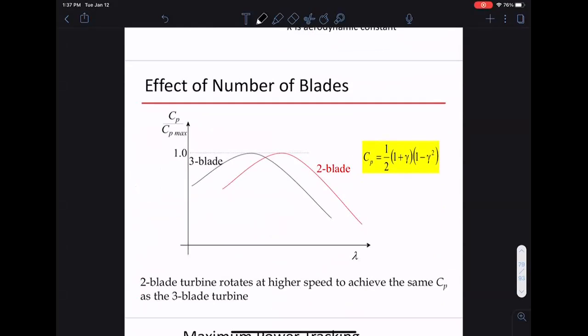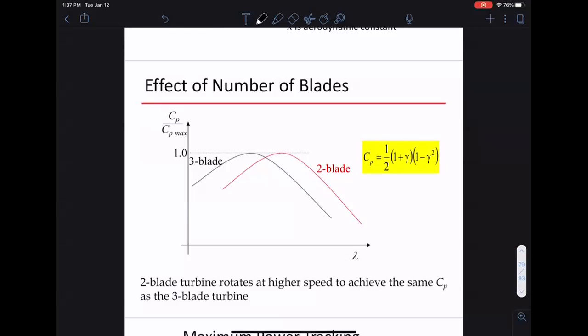It does matter a little bit between a 3-blade turbine and a 2-blade turbine. Remember, we are looking at efficiency, so the maximum you can get is 1 in this case. We're looking at the coefficient of performance versus the maximum possible you can extract.